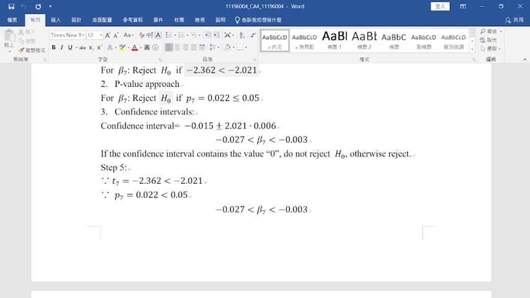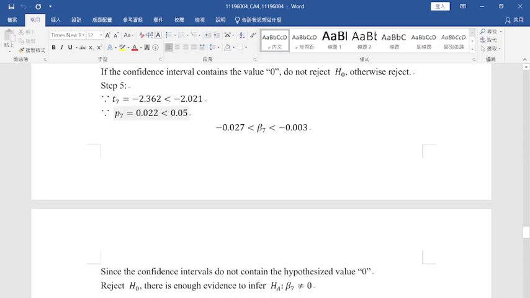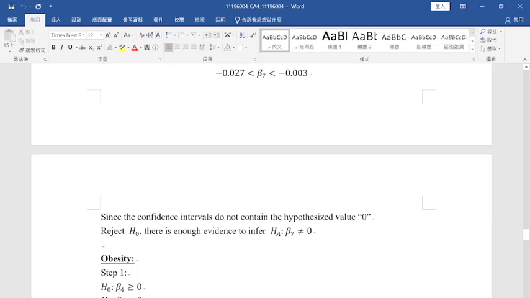If it does not contain 0, we reject it. So because the t statistic is beyond the critical value, the p-value is smaller than 0.05, and 0 is not contained in this range, we reject the null hypothesis. And there is enough evidence to infer the alternative hypothesis.